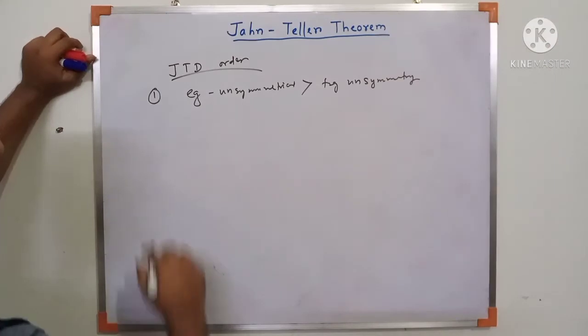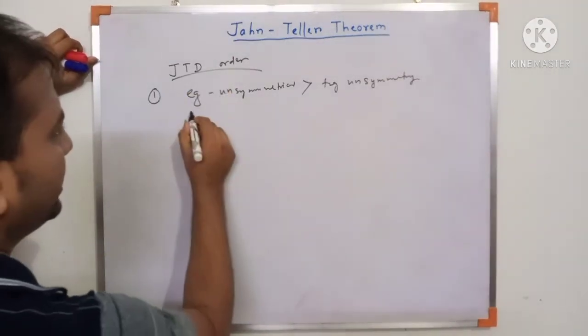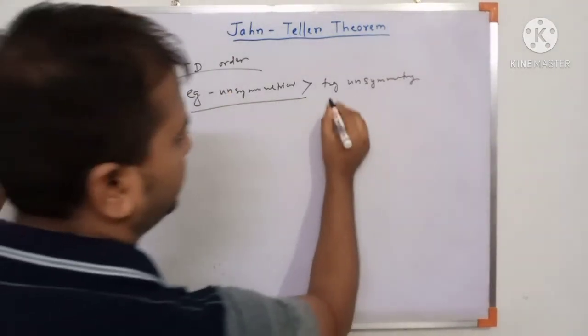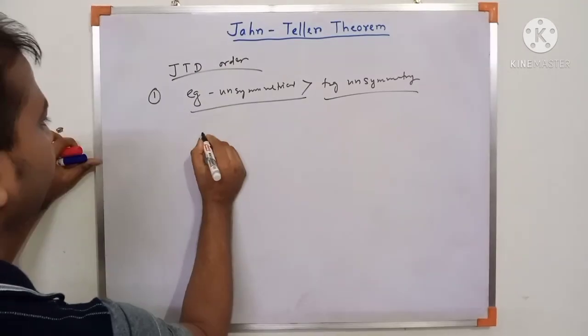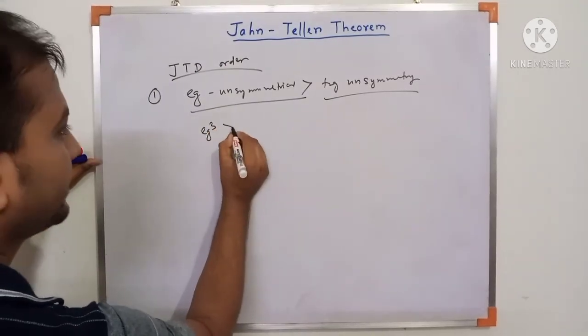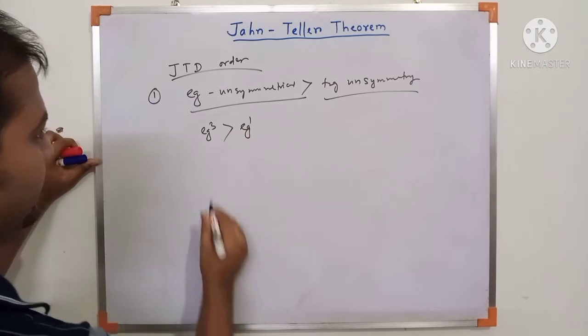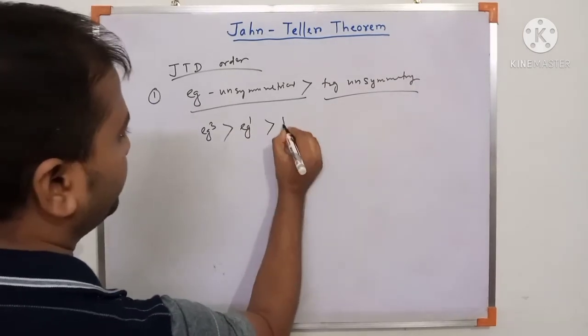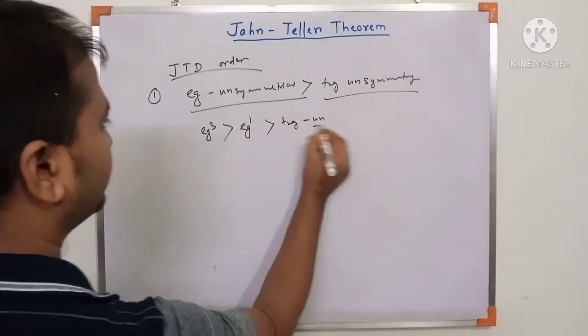Jahn-Teller distortion order: EG unsymmetrical is greater than T2G unsymmetrical. EG unsymmetrical, EG3 greater than EG1, and then T2G unsymmetrical.